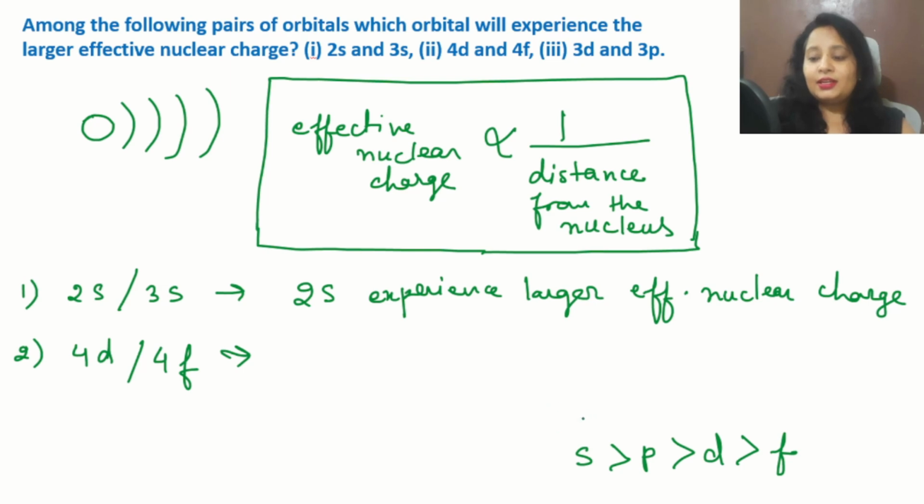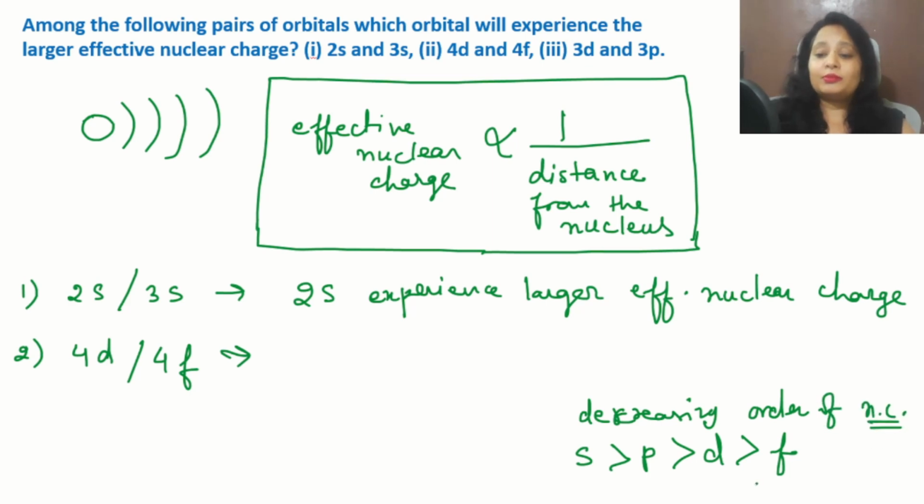This is the decreasing order of nuclear charge. We can write it like this because there is no space. So both are in the same shell but the orbitals are different. According to this series, the d orbital will experience more nuclear charge. So between 4d and 4f, 4d will experience the larger amount of nuclear charge.